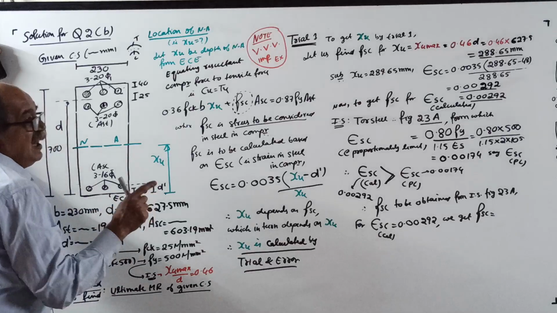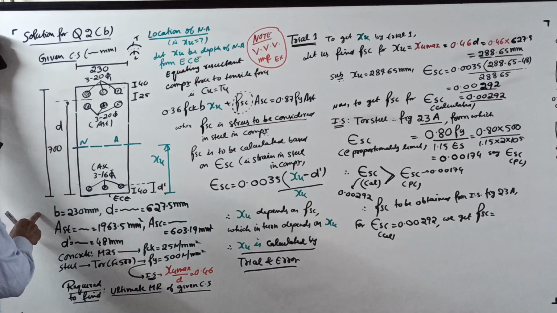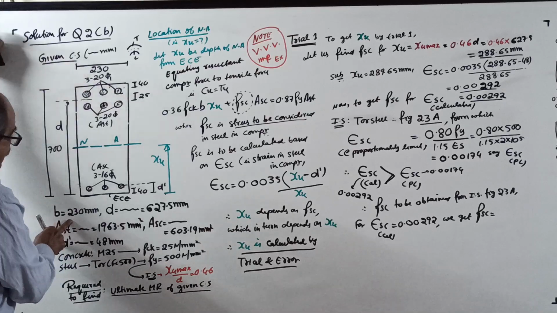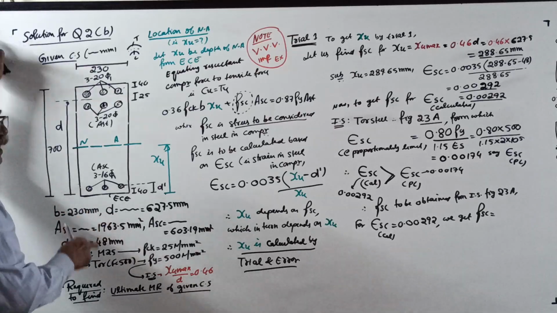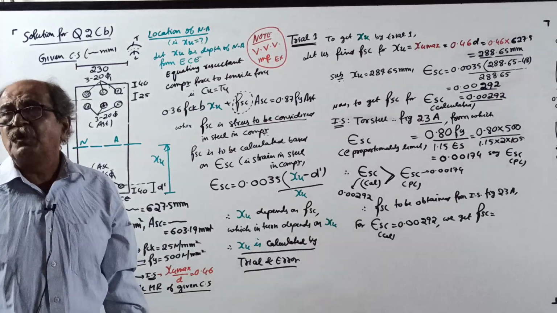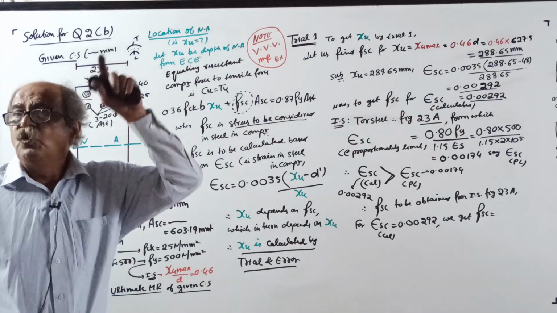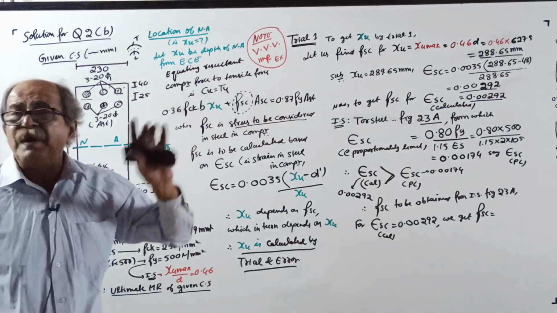This time I am saving time, but for those who are serious: breadth of beam B is 230 millimeter, effective depth D. I already explained earlier when two rows of bars are provided, the bars are considered in two rows. Go back to the class, learn and come back.